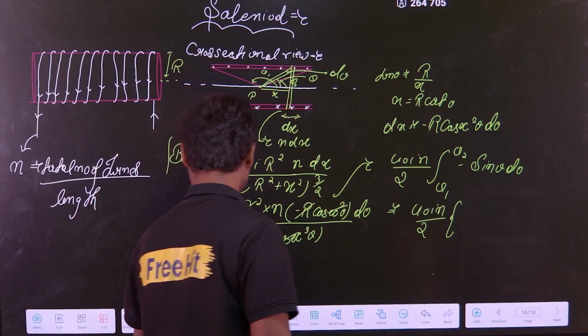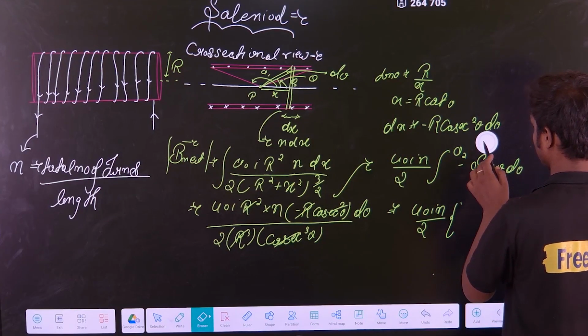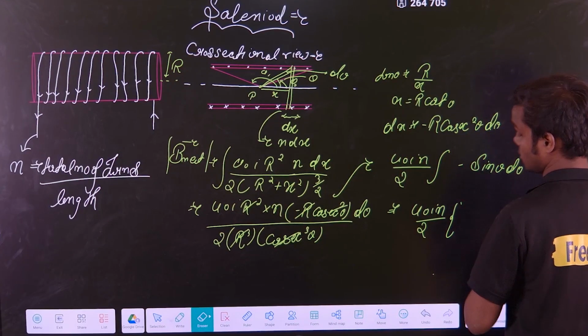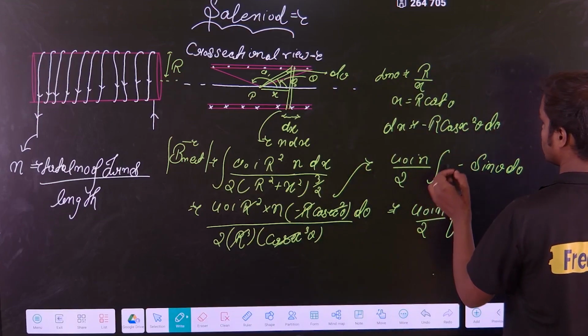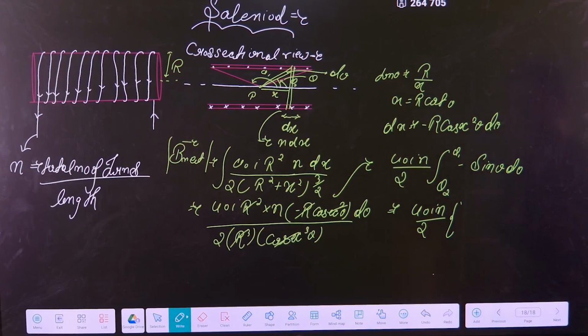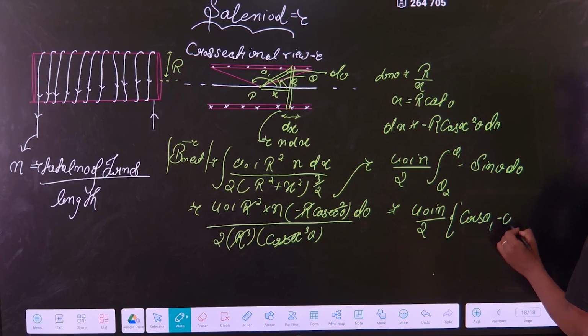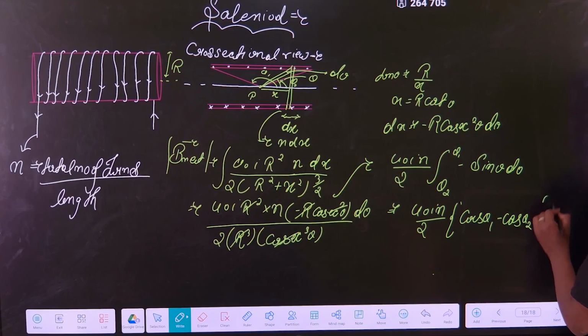Sorry, it will be from theta 2 to theta 1. Okay, so the integration of sine theta is minus cos theta. So this will become cos theta 1 minus cos theta 2.